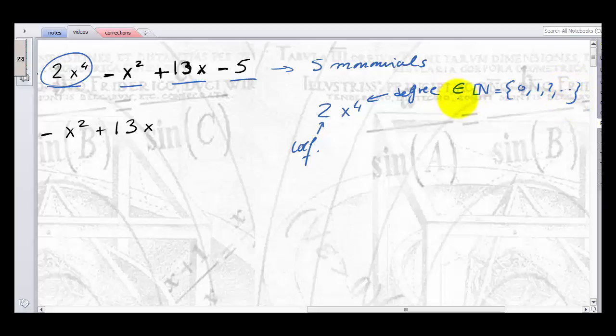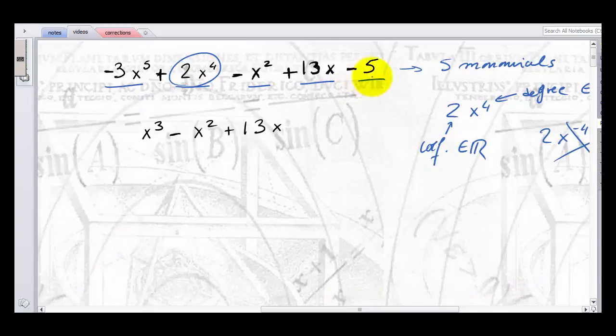The degree cannot be negative, okay? If you are a monomial, the degree cannot be a negative number. For example, this is not a monomial. The coefficient is just a real number. So this is what we call a monomial.